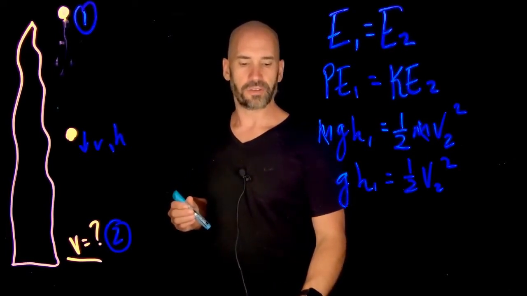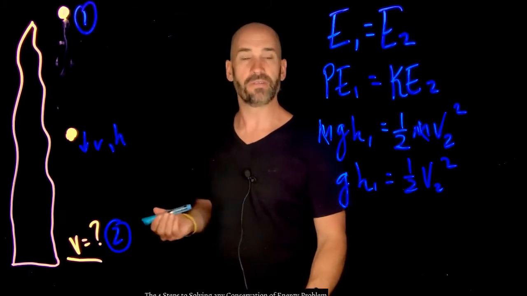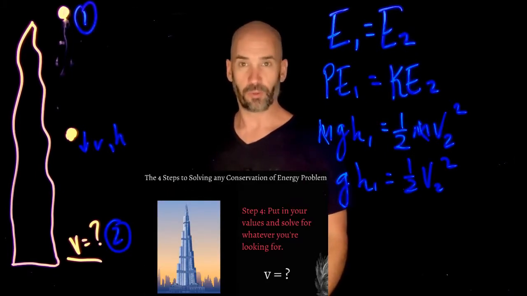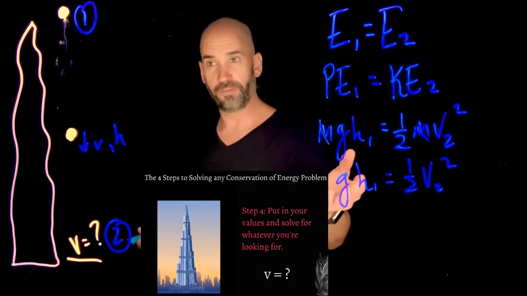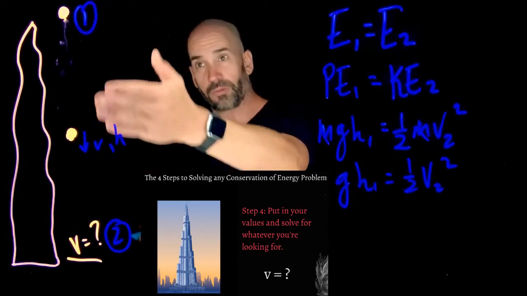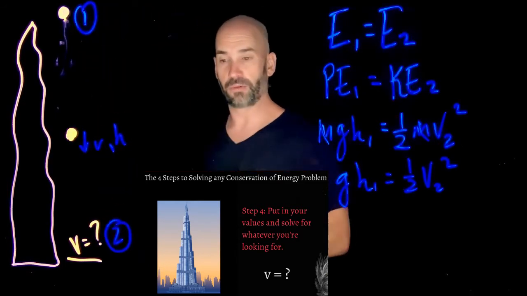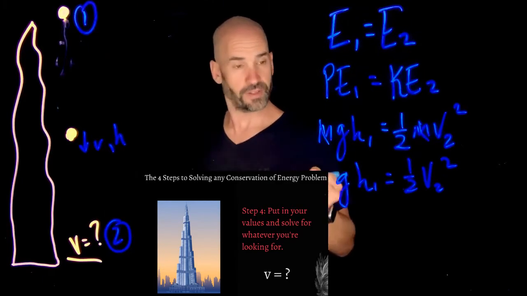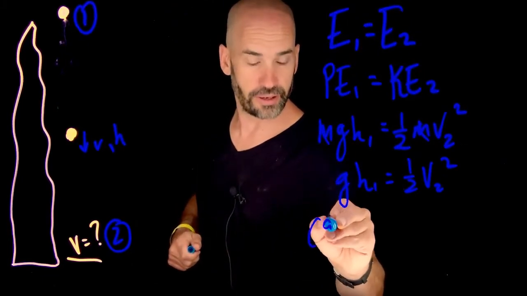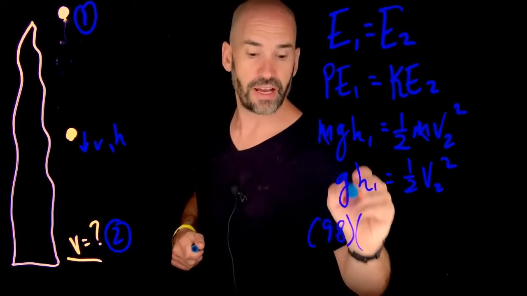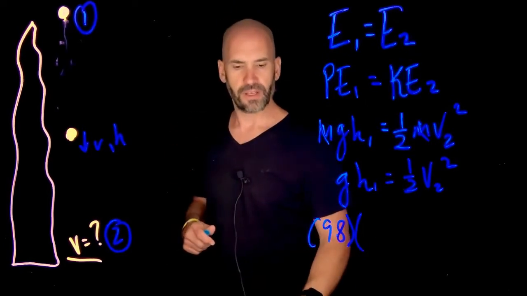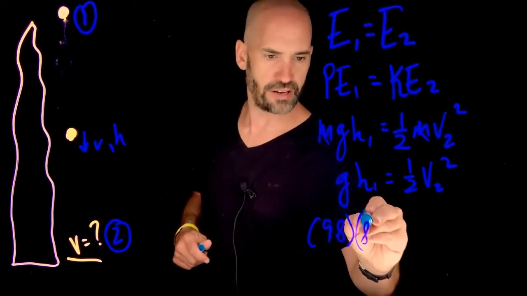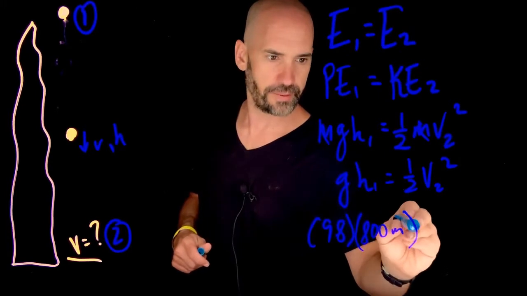Okay? And then I go to step 4, which is just put in your values and solve for whatever you're looking for. In this case, what are we looking for? Again, just like before, we want to find the speed of the gumball before it hits the ground. Well, my friends, g is 9.8. Our initial height is the height of the Burj Khalifa, which I believe we are using 800 meters, right?